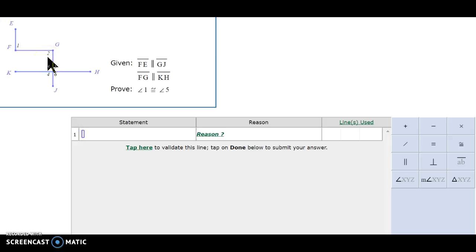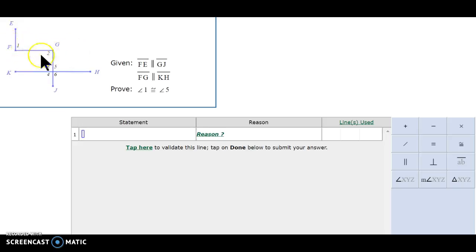Now let's look at angle 2 and angle 1. So they said FE and GJ. FE is this line over here. GJ is this line over there. And they are parallel, which means this FG is my transversal.